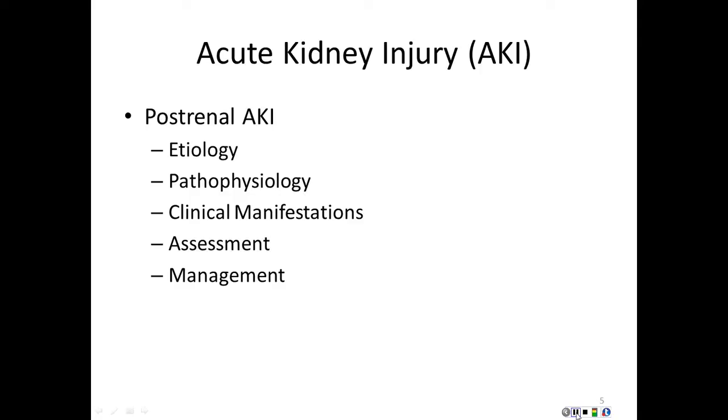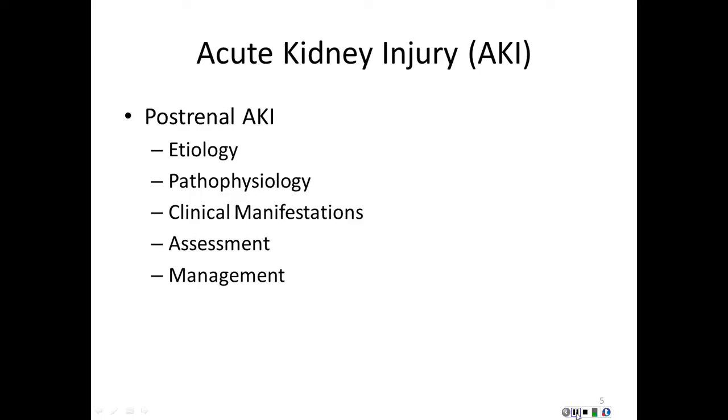Now, post-renal is kind of the most simple when we look at it. When we look at the etiology, when we define post-renal, it kind of goes along with the etiology. Post-renal is basically obstruction of the urine collecting system anywhere from the calyces to the urethral meatus, which can cause post-renal failure.